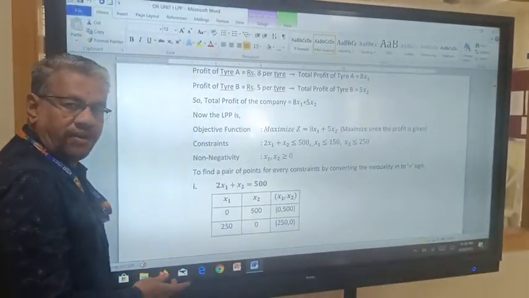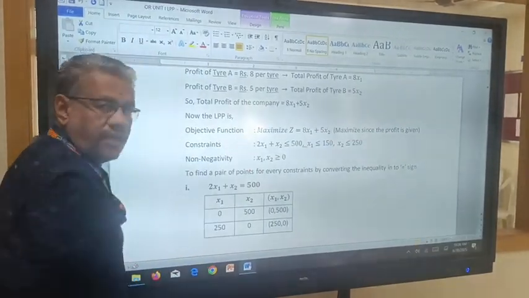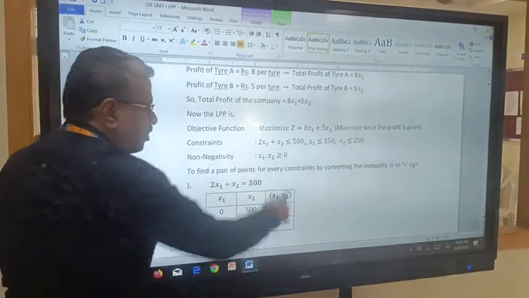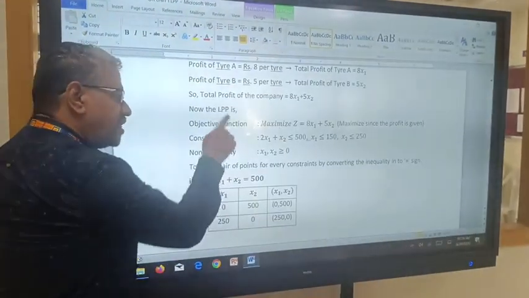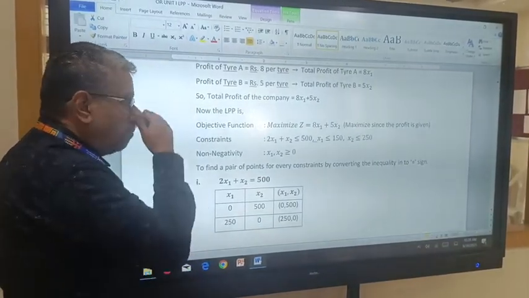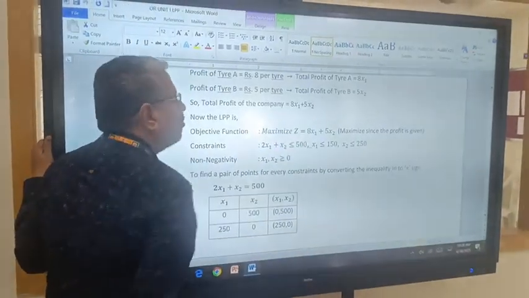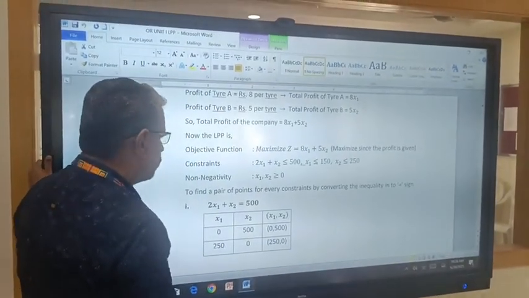If cost or expenses is given, then we will have to minimize the objective function z. Whereas here we are given profit, therefore we are maximizing it. So maximize z equals 8x1 plus 5x2.